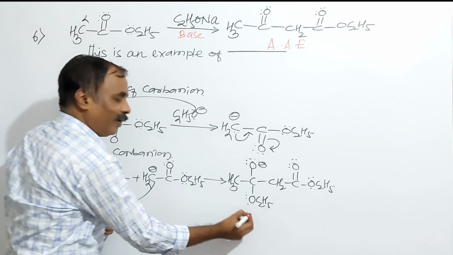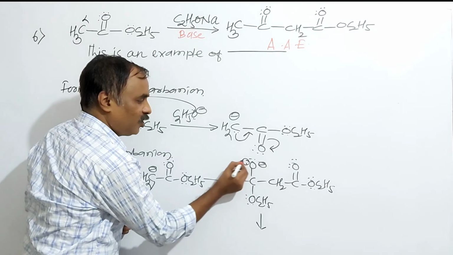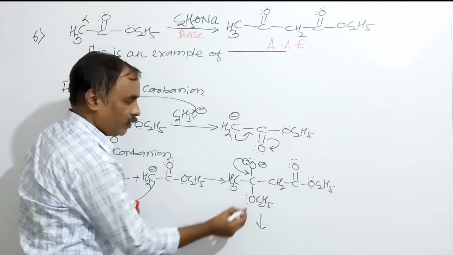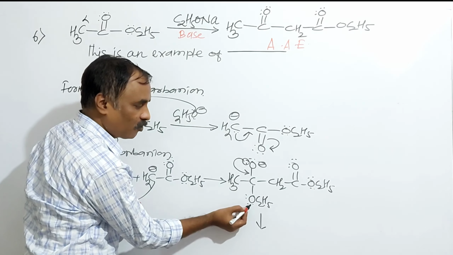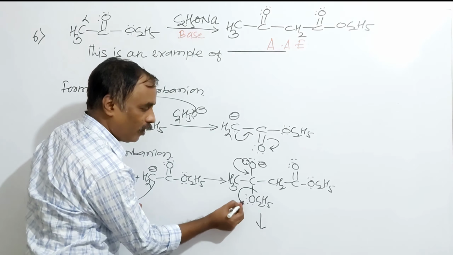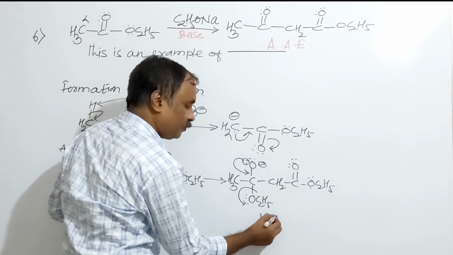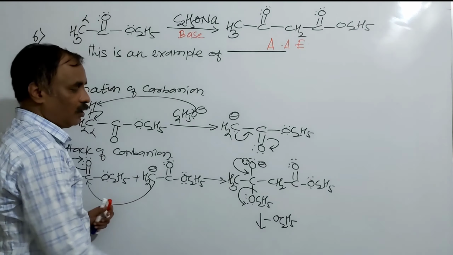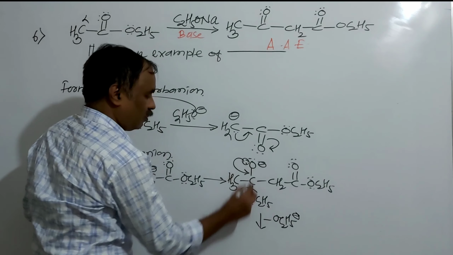Now again reshuffling, shifting of these two electrons towards carbon, with formation of a carbon-oxygen double bond, and then breaking this bond because oxygen is more electronegative. Removal of C2H5O minus like this, and here formation of what?